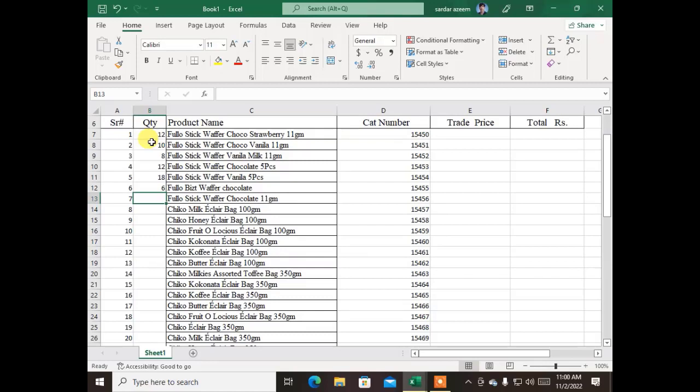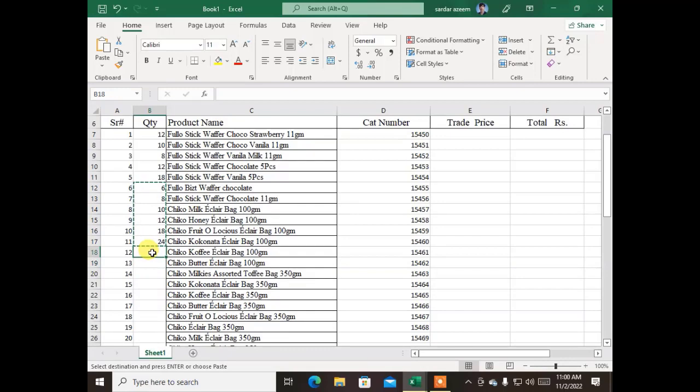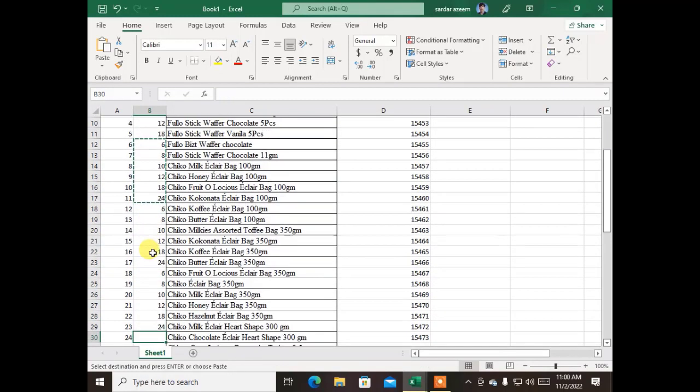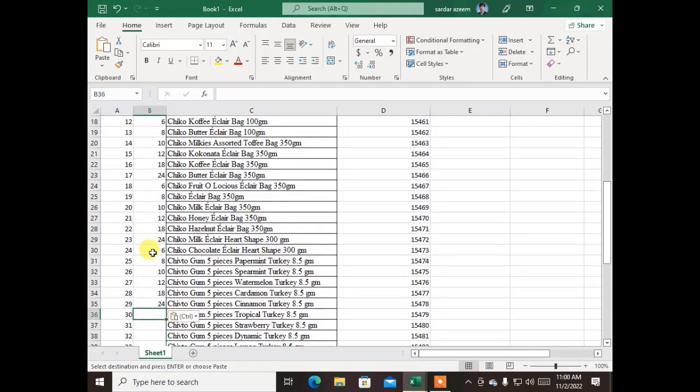They do not buy a single good. They get at least 6, and they buy more than this, 6, 8, 10, 12, this type of quantities, 18. There may be 24 boxes also. I'm going to repeat this in the rest of my workbook, so we prevent ourselves from the hassle of typing more data.